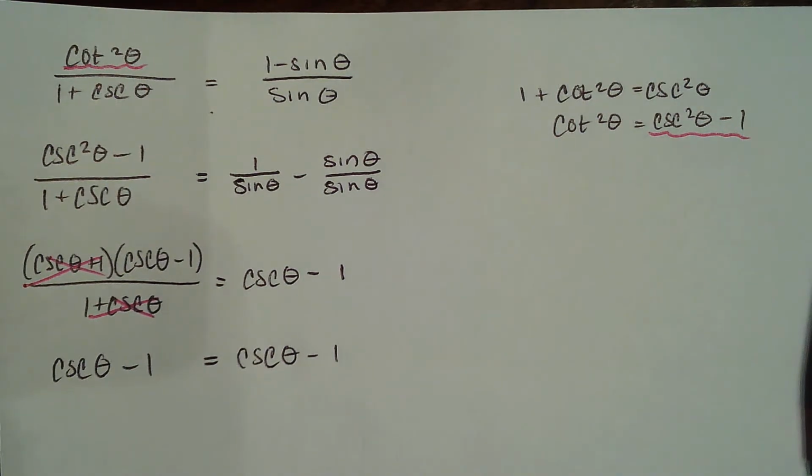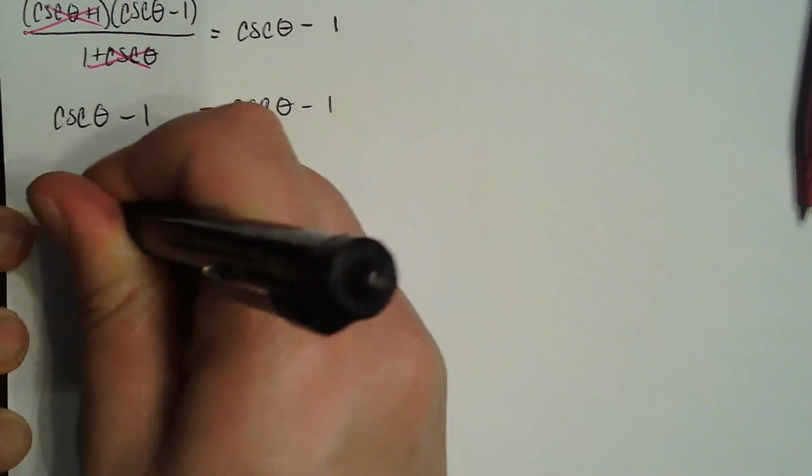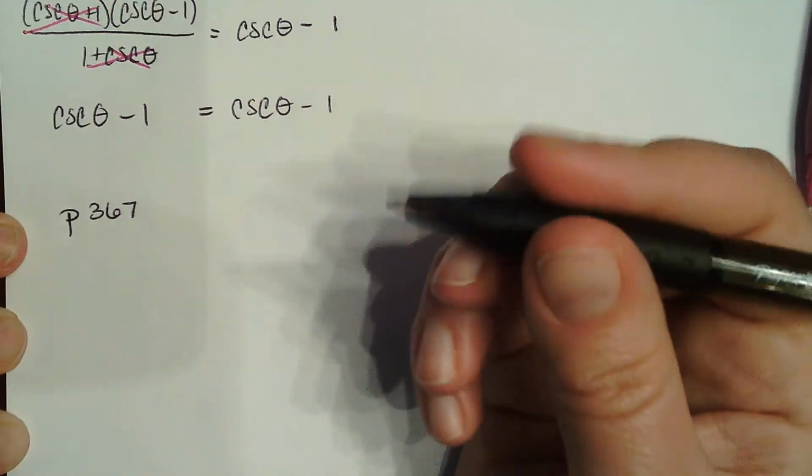All right. I think we've practiced enough. I'm going to pick a handful of questions. I'm going to pick odds, of course, for you so that you can try them on your own and check your answers. So, page 367.